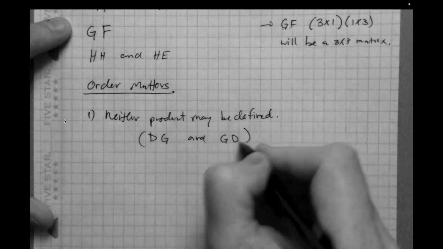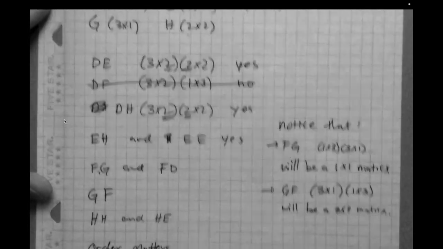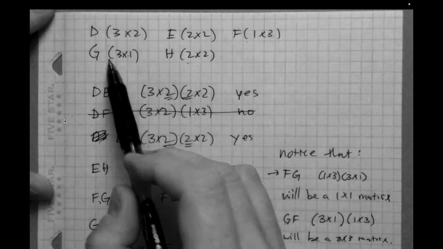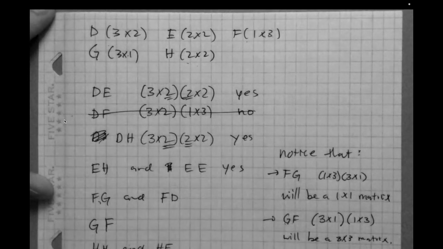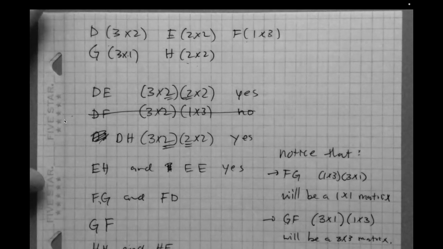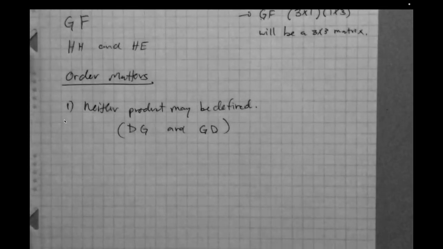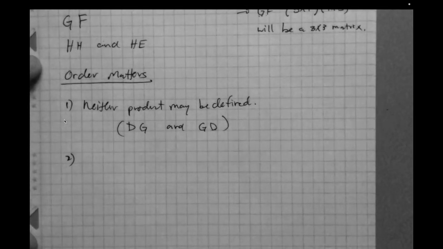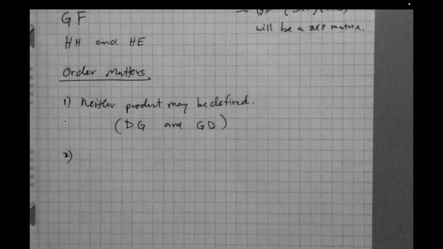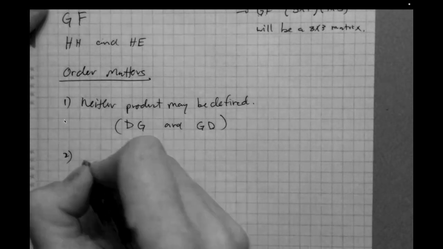If you look up here, D is 3 by 2, G is 3 by 1. If you multiply those, D times G doesn't work, and G times D doesn't work either. So that one's out. The other thing that can happen is one product could be defined, but the other may not.